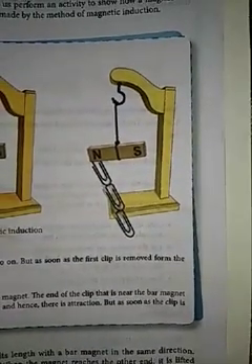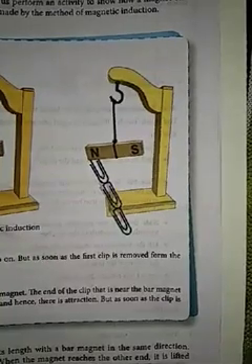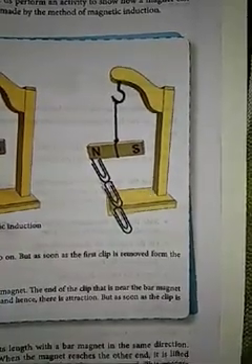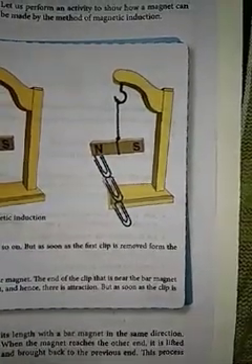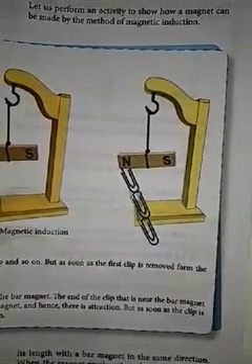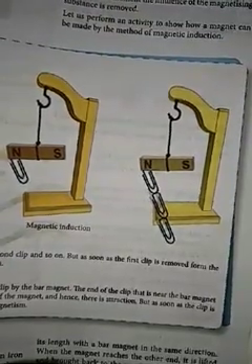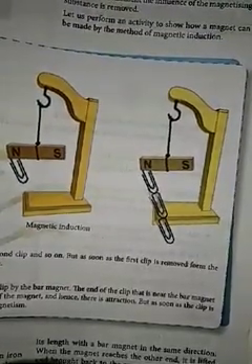In this method, a magnetic material such as an iron rod is placed on a flat surface and stroked along its length with a bar magnet in the same direction. When the magnet reaches the other end, it is lifted and brought back to the previous end.